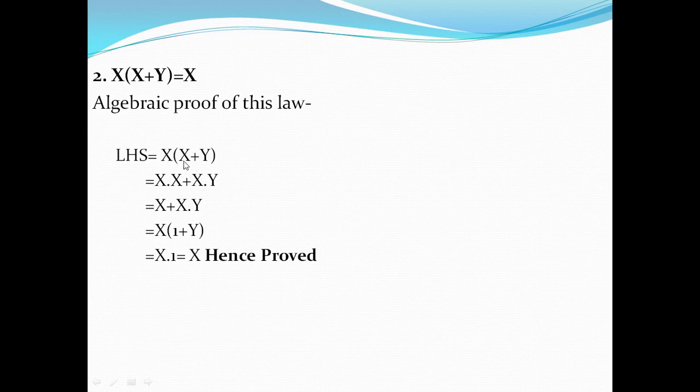First multiply x with x, then x with y: x dot x plus x dot y. Now x dot x is equal to x. Now take this x as common. We are left with 1 plus y. Now 1 plus y is equal to 1 and x dot 1 is equal to x. Now this theorem is proved using the algebraic proof.